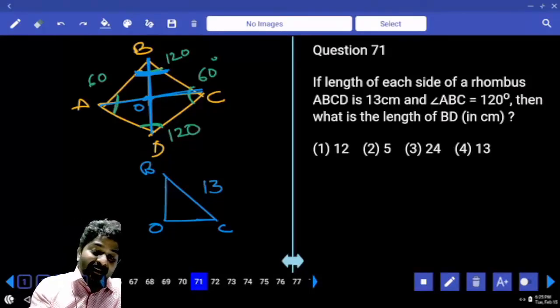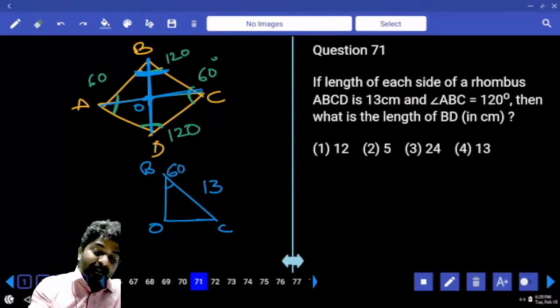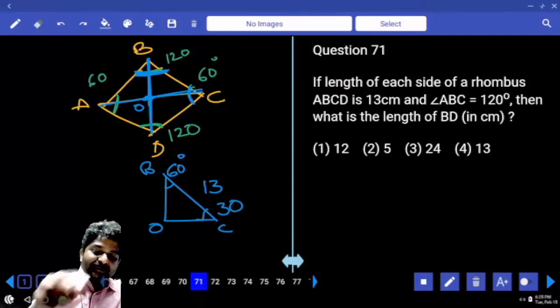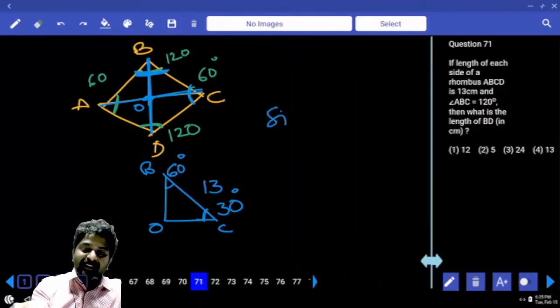So angle at B in the triangle BOC must be equal to 60 degrees. Then angle at C, total angle is 60, that is also equally divided, right? 30. Then angle at O is 90. Okay, now, as you know that angle at C is equal to 30 degrees, can I start with sine 30 angle?